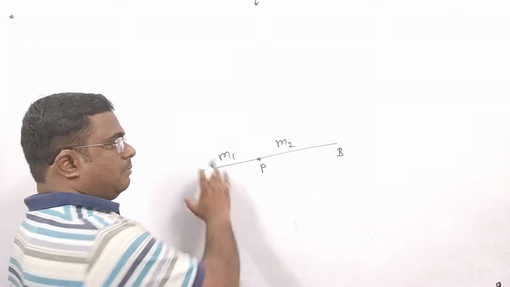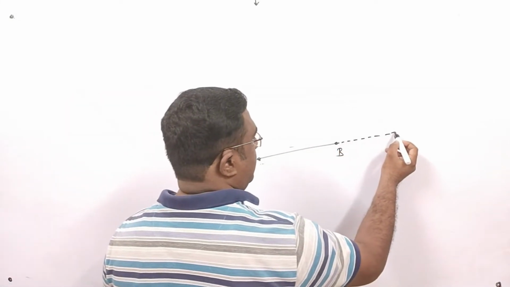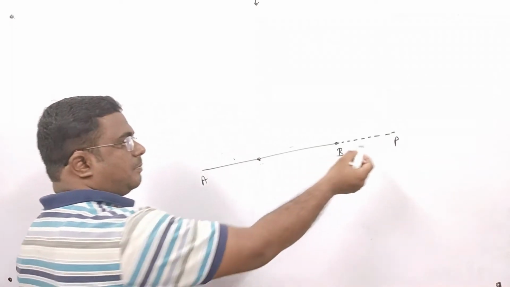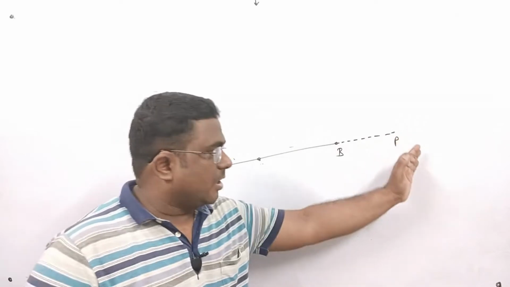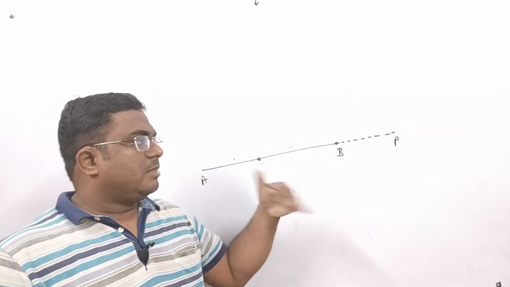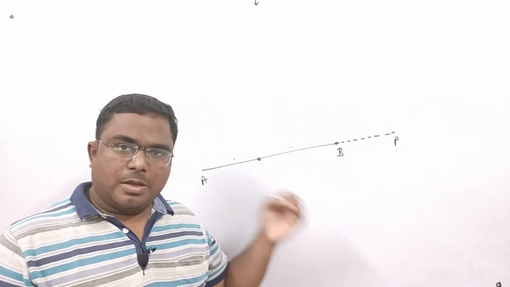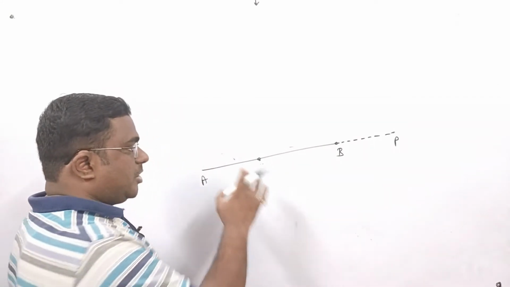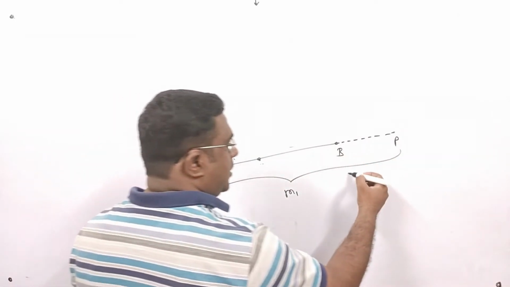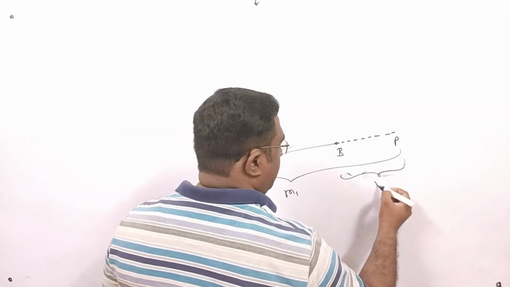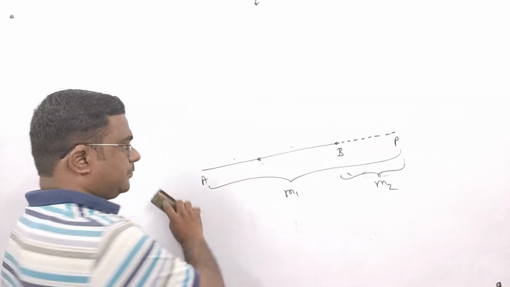But if point P is taken outside the line segment AB, on the produced length of AB either in this direction or in this direction, then we say that point P is dividing the line segment AB in external ratio. And how is that ratio measured? From A to P we take generally M1 ratio, and from B to P we take generally M2 ratio. Now we will do the proof of section formula for this type of situation.